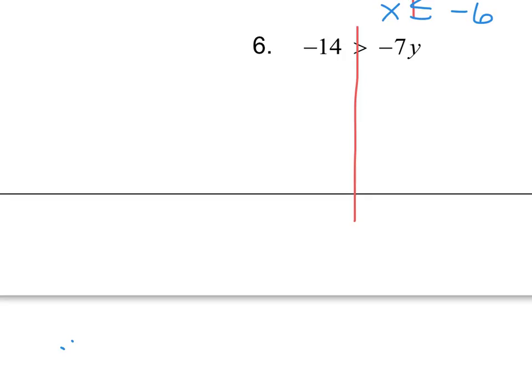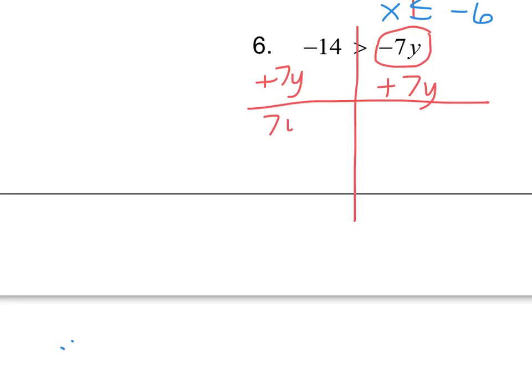Now, I circle what I'm solving for and move left if there's need. Remember how I said inequalities have to be on the left side? So I'm going to say plus 7y on both sides. 7y is not a like term to negative 14. So I'm going to put it over to the side. It's greater than 0. Those cancel.